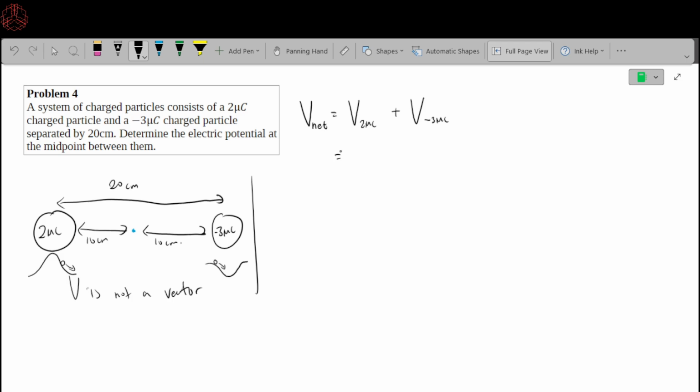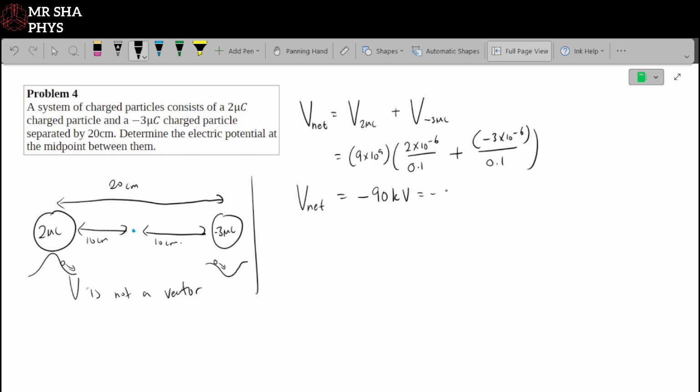Since it's just kQ over r, I can take out the k: 9 times 10 to the power of 9, times 2 times 10 to the power of negative 6 over the distance between the midpoint and the 2 microcoulomb charge, which is 10 centimeters, or 0.1, plus negative 3 times 10 to the power of negative 6 over, again, 0.1. This will yield a final answer of negative 90 kilovolts, or negative 90 kilojoules per coulomb.